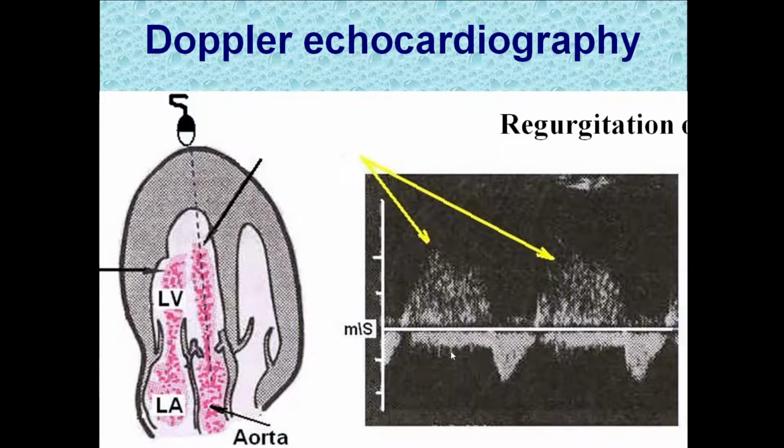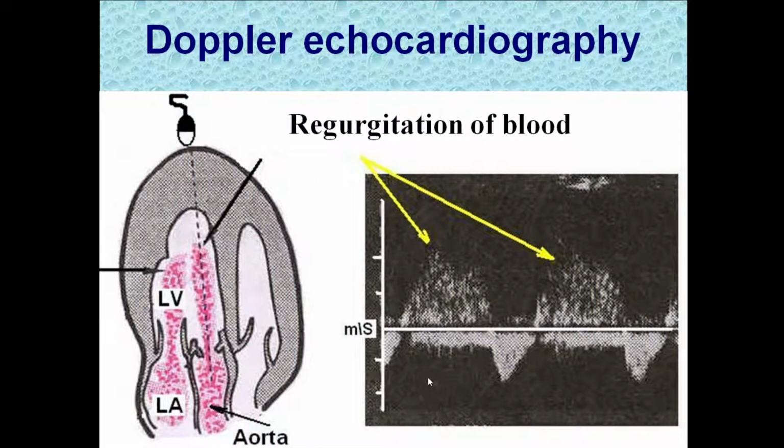And Doppler echocardiography shows regurgitation of the blood from the aorta through the unclosed aortic orifice.